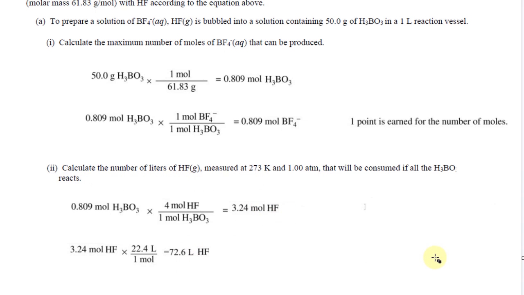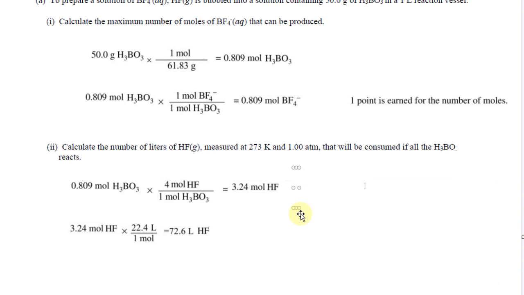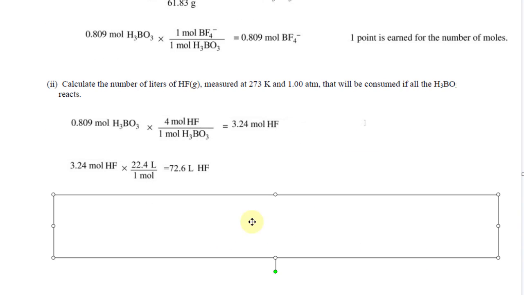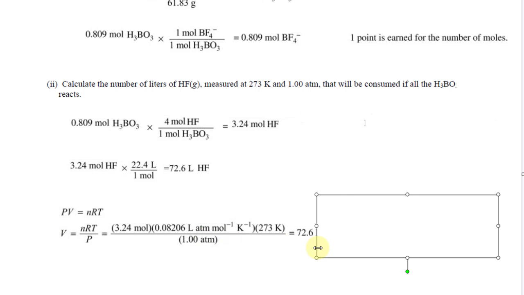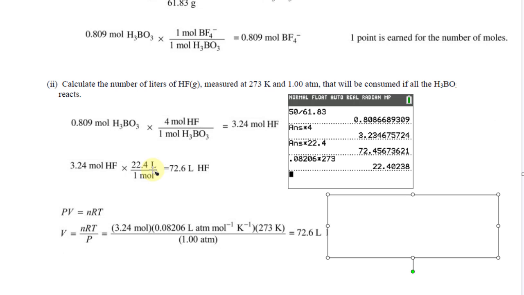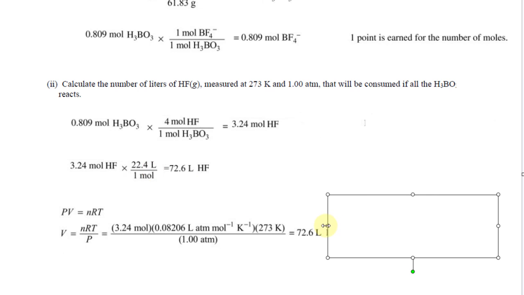There, we've answered it. Now, as I said, you could have used the PV equals nRT, which is quite a bit messier. But, by the way, you might be able to guess that 0.08206 times 273 is going to give you 22.4, and you'd be right. Either way is going to give you the answer, but you should be on the lookout for shortcuts.